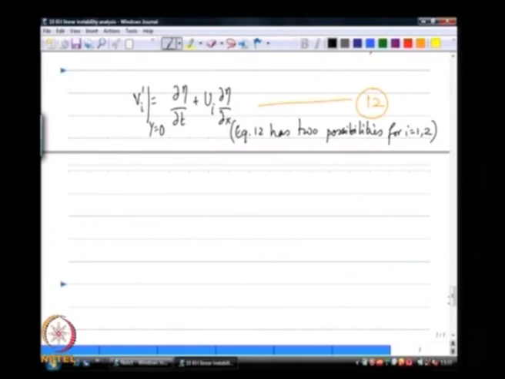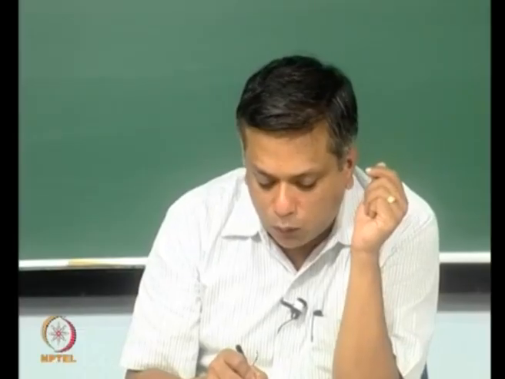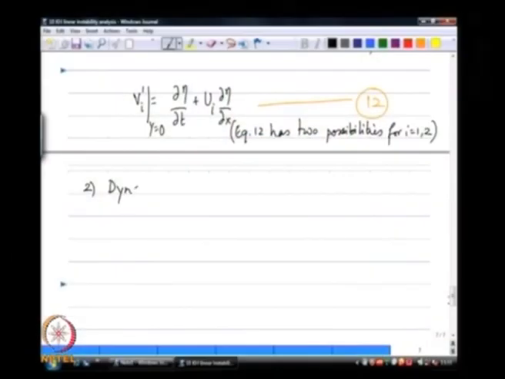Okay. Now, the second set of conditions is called a dynamic condition. What do we mean by that?